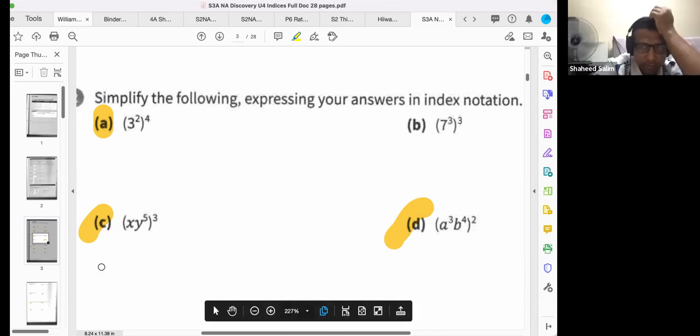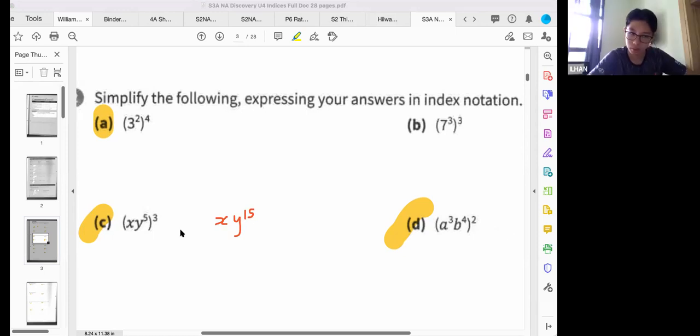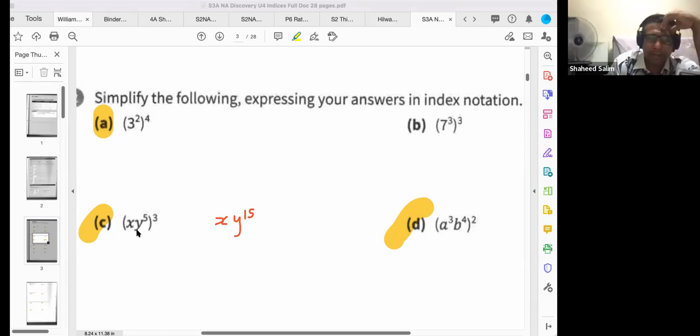x y 15. Okay, so you say the answer will be like that. Yeah. So you must remember what this means: this bracket times this bracket times this bracket, because it is to the power of 3.